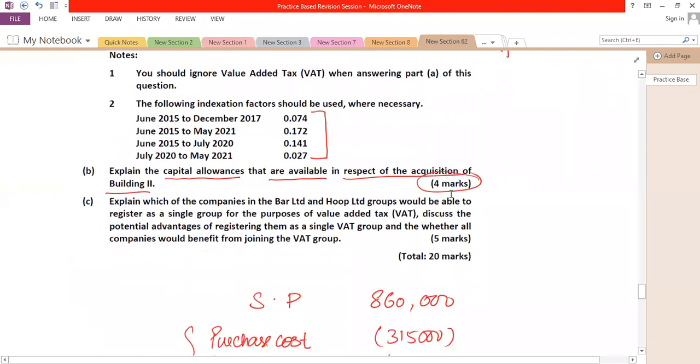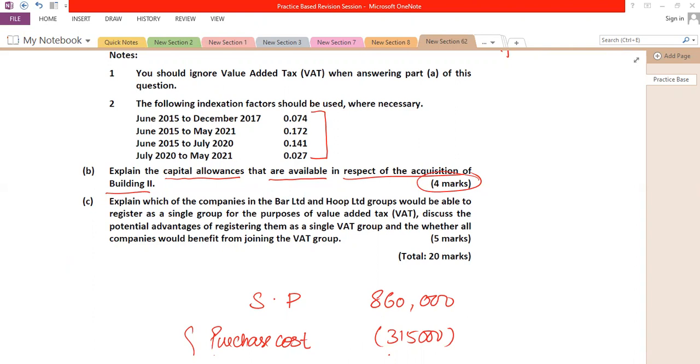So as far as capital allowance is concerned, if you can recall, generally capital allowances are not available on buildings, right? Capital allowances are available on plant and machinery, and capital allowances are not available on land. But remember, in case of plant and machinery, we have some items which are part of the main pool, some items which are part of the special pool.